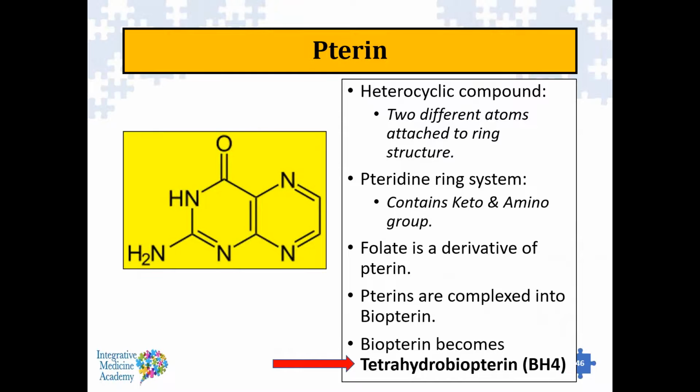One is called an amino group, another is called a keto group. Basically, you've got ammonia linked to these ring structures with a double-bonded oxygen. Folate is actually a derivative of pterins, and pterins get complexed into something called biopterins, which then get complexed into tetrahydrobiopterin, also known as BH4.